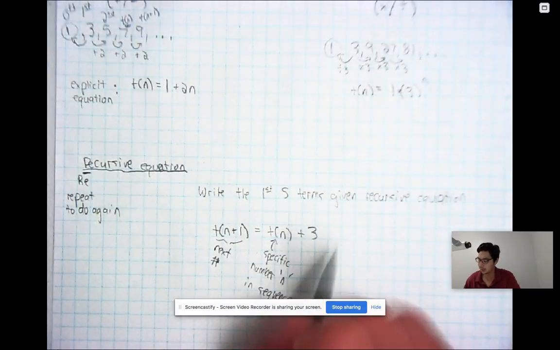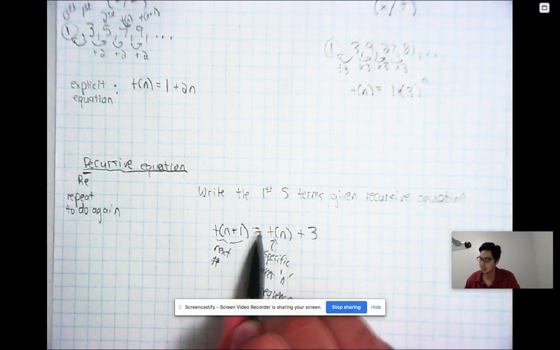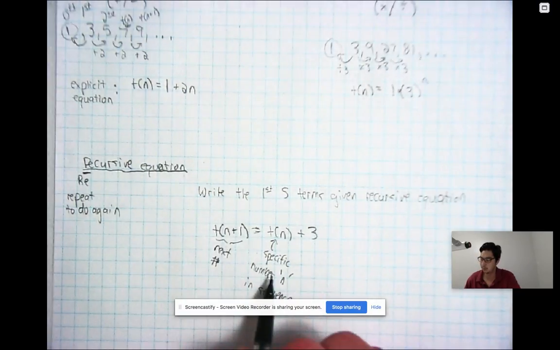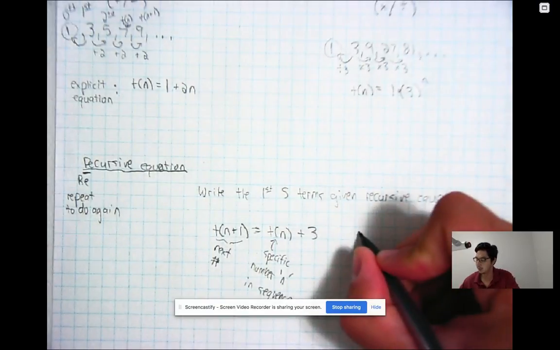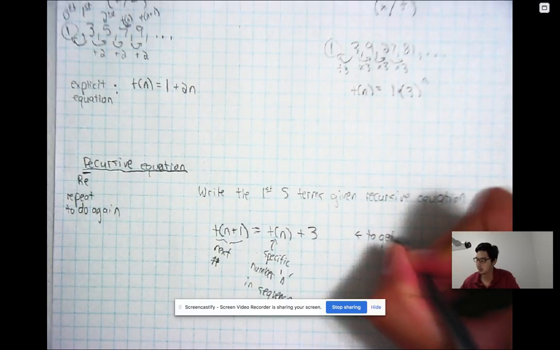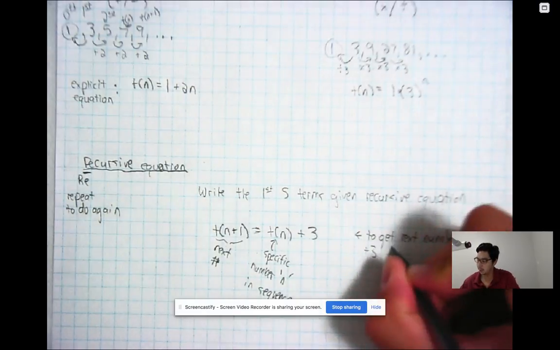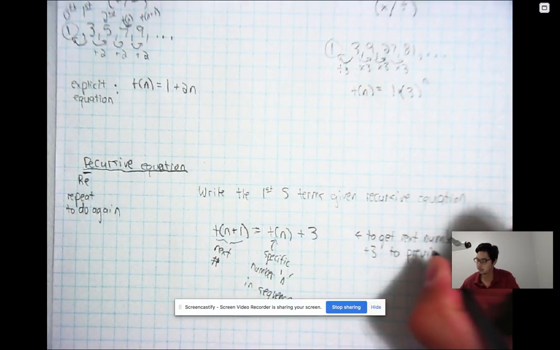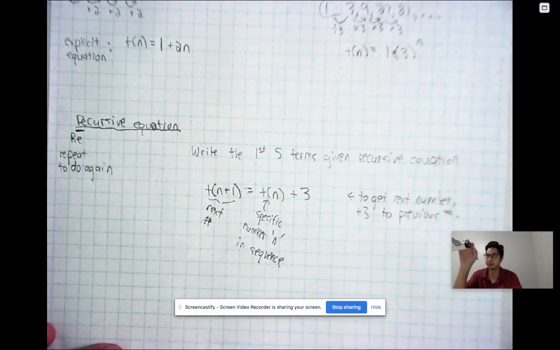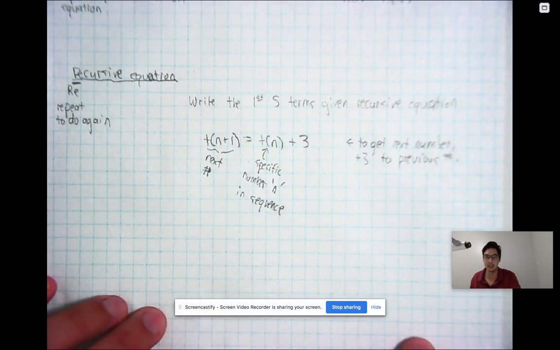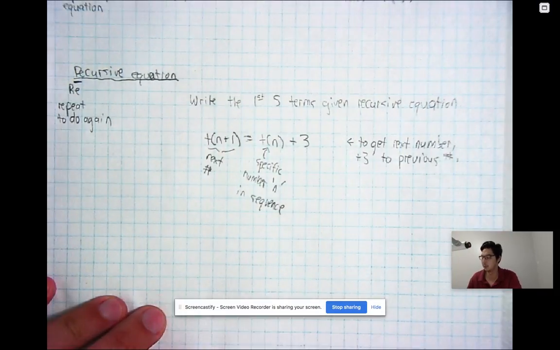So what this whole thing is saying is that to get the next number, it's going to equal the previous number plus 3. So it's saying to get the next number, add 3 to the previous number. Now, if all I said was to get the next number, add 3, and I said write 5 numbers, well, there's a lot you could write.